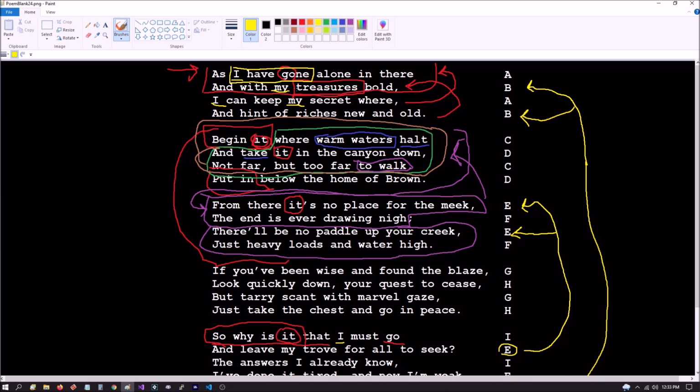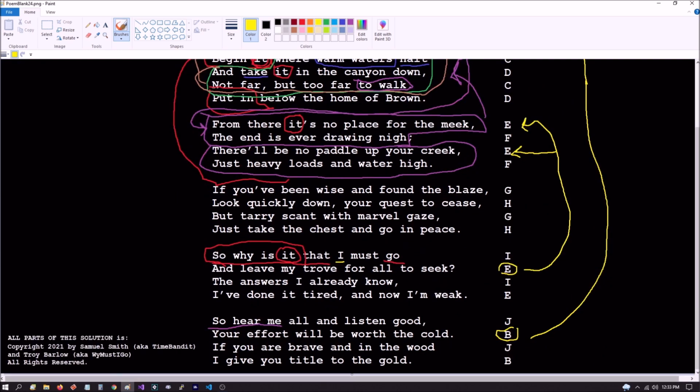And that is how we came to the conclusion that in order to find Forrest Fenn's treasure chest, we had to do what he did. We had to have gone alone in there, and we don't have the treasure chest, but we're using the title. He gave us the title down here because we were braving in the wood up here.